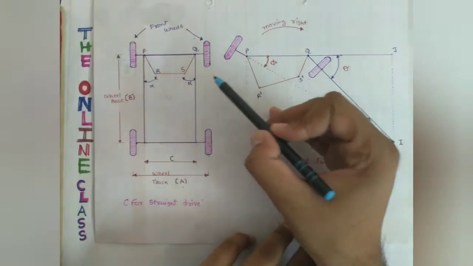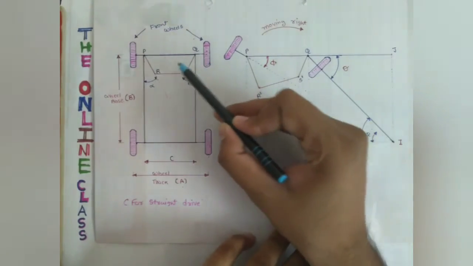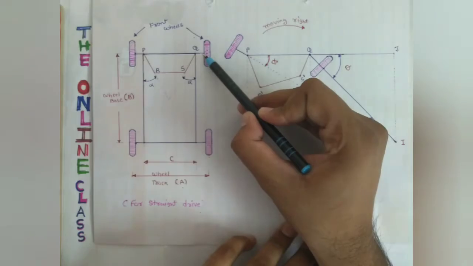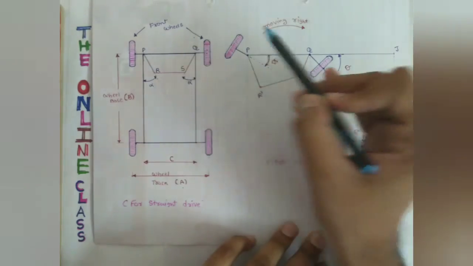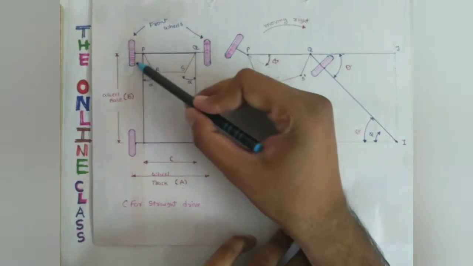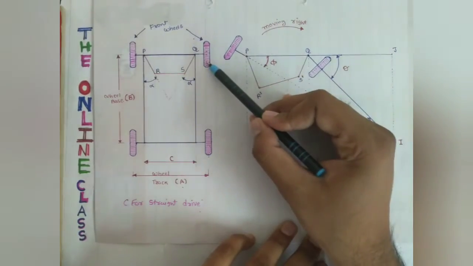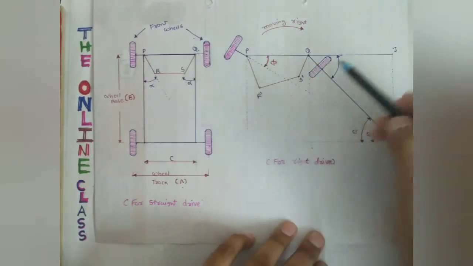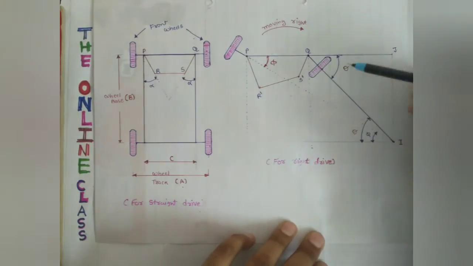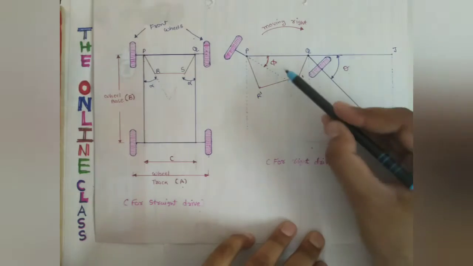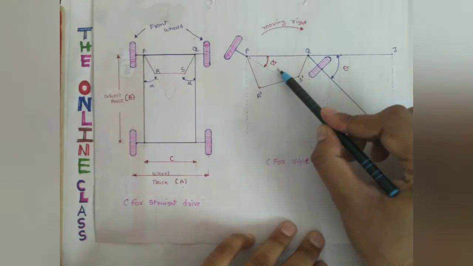When the wheel turns to the right, the outer wheel turns by that angle, and the inner wheel turns inside. Here theta is the angle of the inner wheel and phi is the angle of the outer wheel.